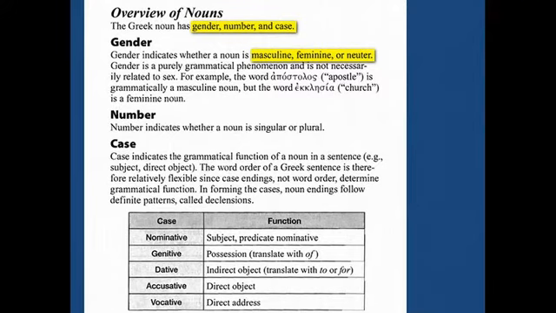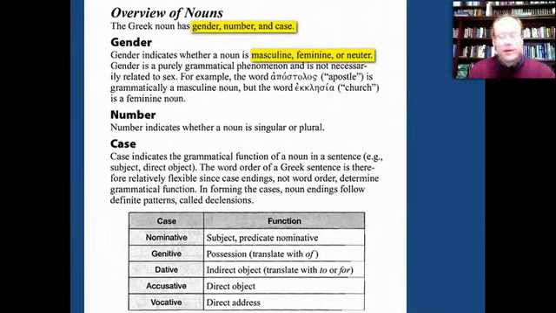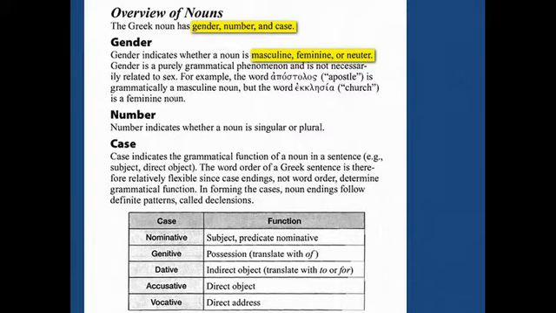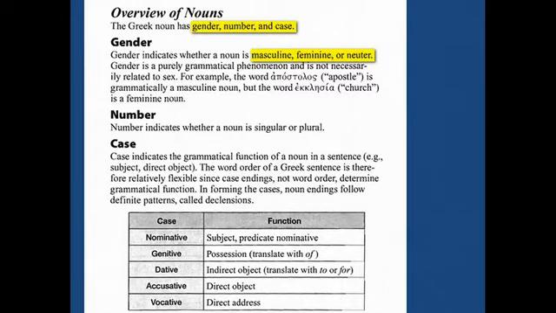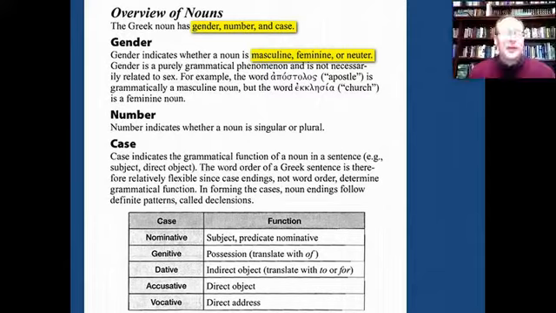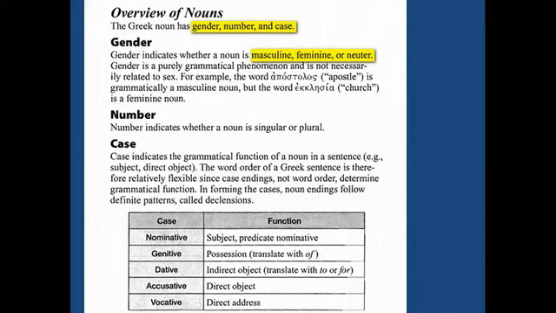We don't think about whether a chair is masculine, feminine, or neuter. We use it for basically everything that doesn't have biological gender. Whereas Greek assigned gender to different nouns, masculine, feminine, neuter.